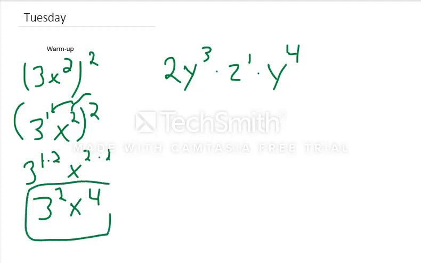All right, sorry if that doesn't look that great, but 3 squared times x to the fourth power. You can simplify this further if you really wanted to. 3 squared is 9. We could write that as 9 times x to the fourth power.